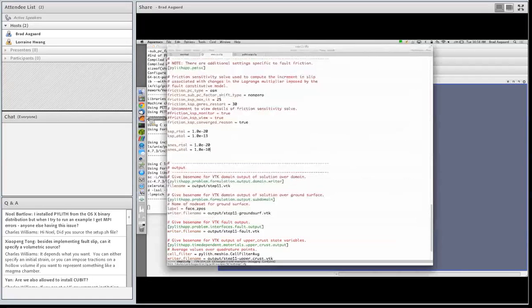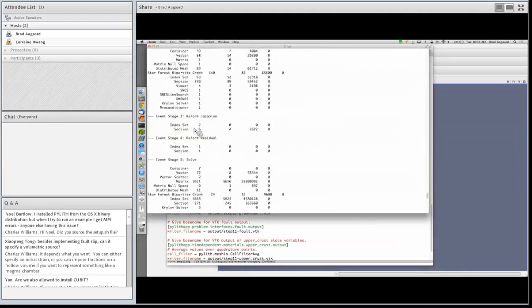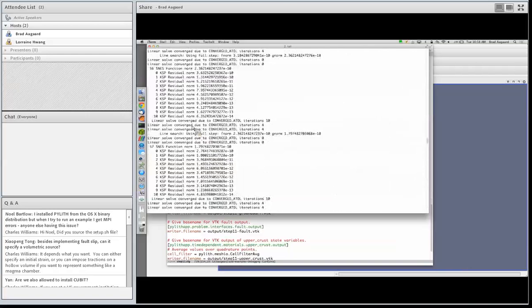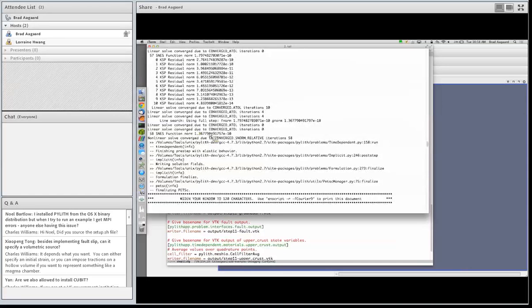Yep. So nonlinear solve this time, relative. Basically we're down now to sort of the same order of magnitude, but it decided that the residual wasn't moving enough.